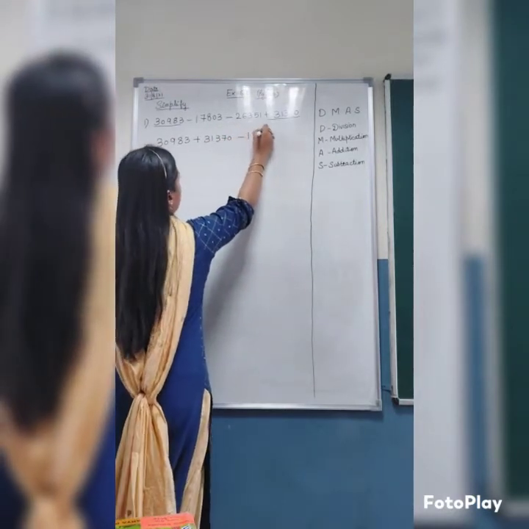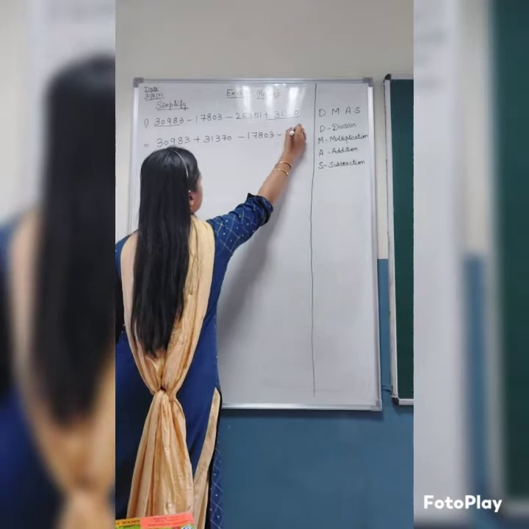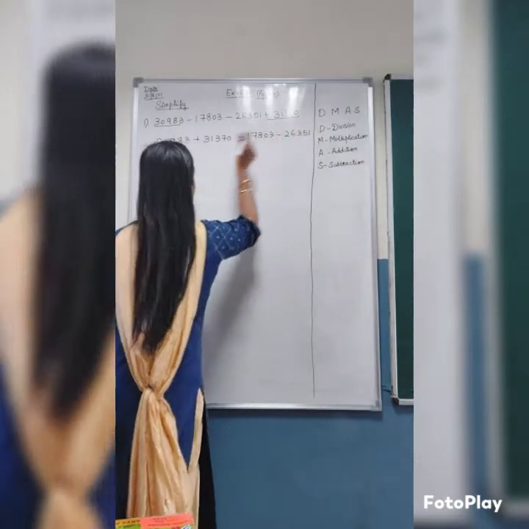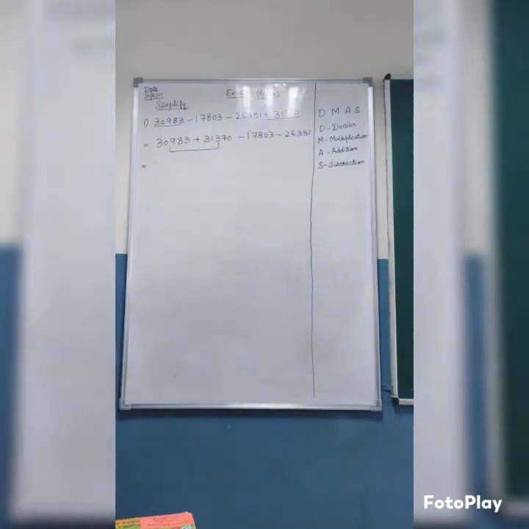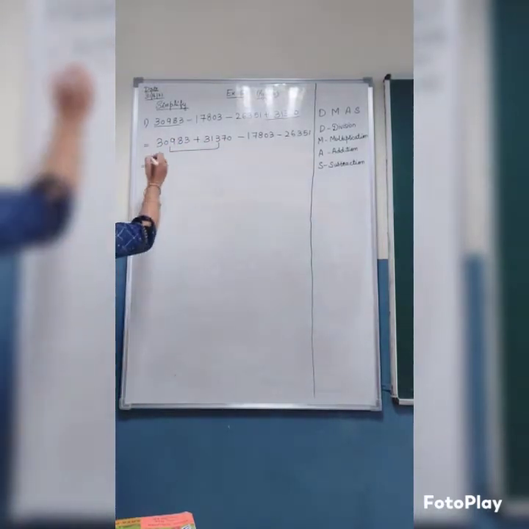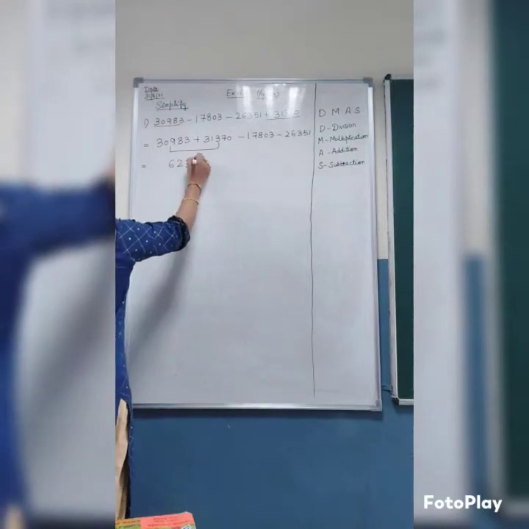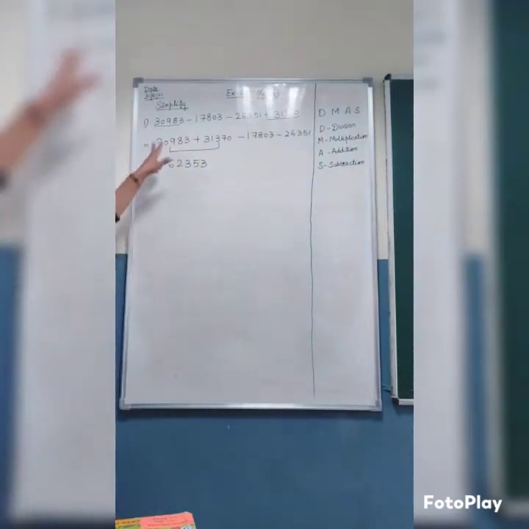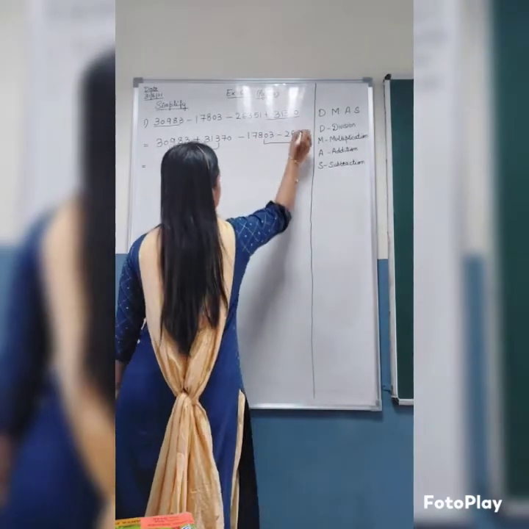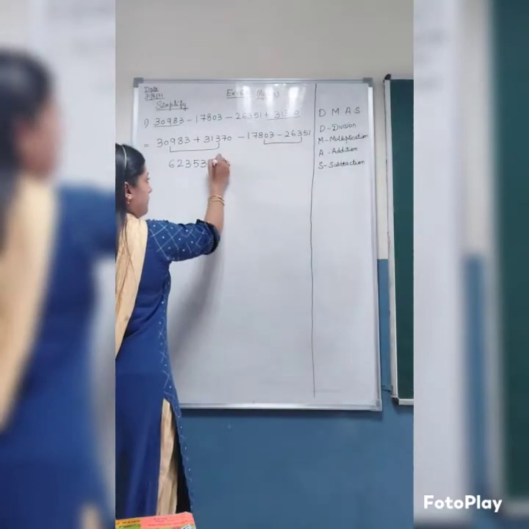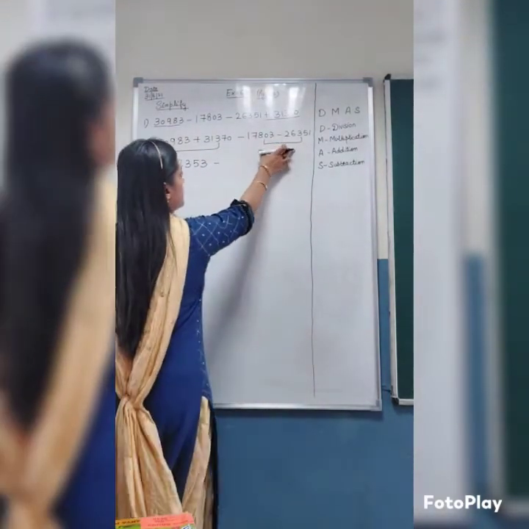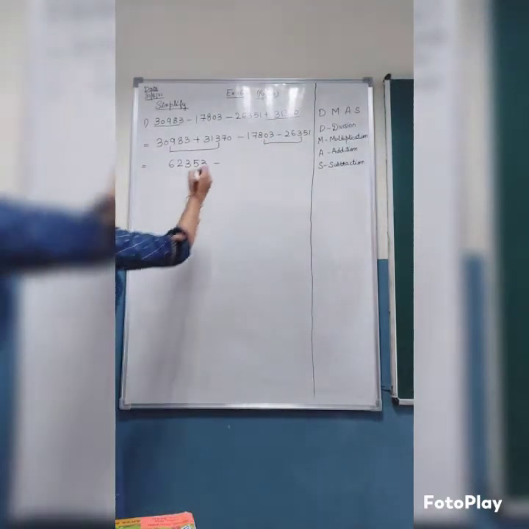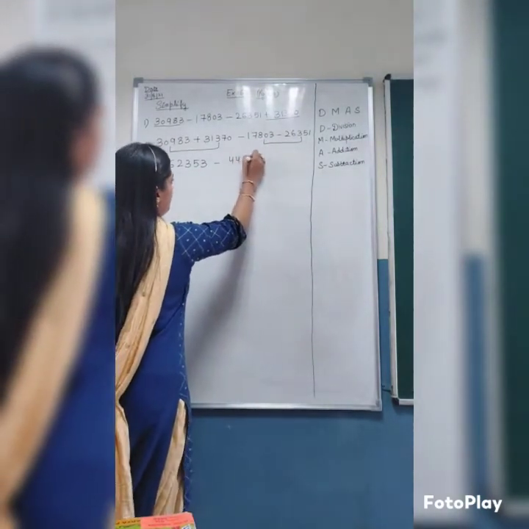Then we have to write the subtraction numbers like this. Now we have to add both these numbers. We get 62,353. Next, we add both these numbers, keeping the subtraction signs in between, and we get 44,154.